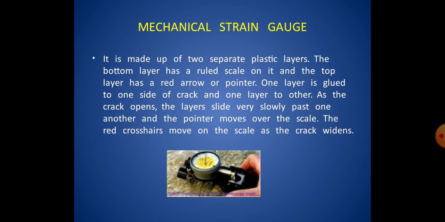Suppose you are measuring the extension of an MS rod in a universal testing machine in the material testing laboratory; we can use this mechanical type of strain gauge. We mark the center of the component between the jaws.